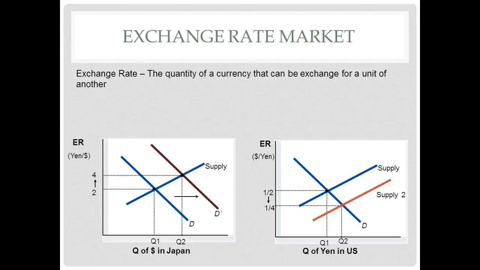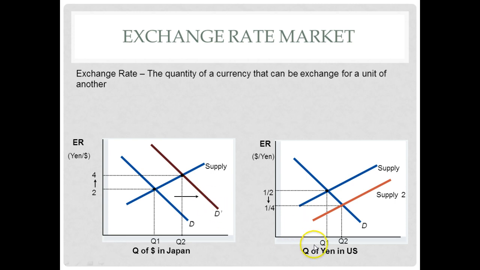So let's summarize all this together. If there's an increase, for example, in the demand for the dollar, which is happening over here in the left graph, the price of the dollar is going to rise from 2 yen to 4 yen. But because there was an increase in the demand for the dollar by Japanese citizens, the Japanese must have sent the United States something in exchange for those dollars.